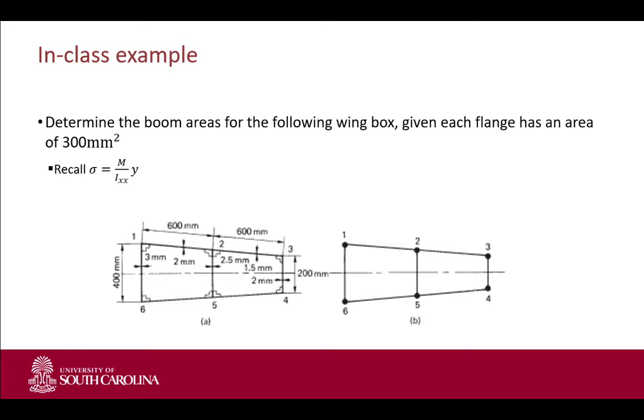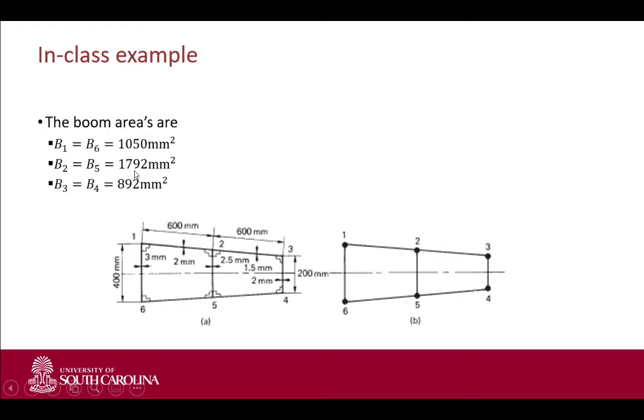We know that the moment of inertia should be equal in all the cases. And if we substitute sigma 1 and sigma 2 in the previous equation, M and Ixx basically cancel out, so we have a variation of y1 and y2. So if we do that, we basically calculated the following boom areas. And that's where we basically stopped.